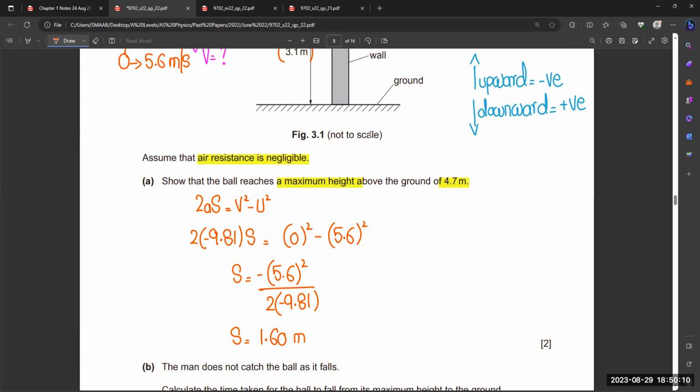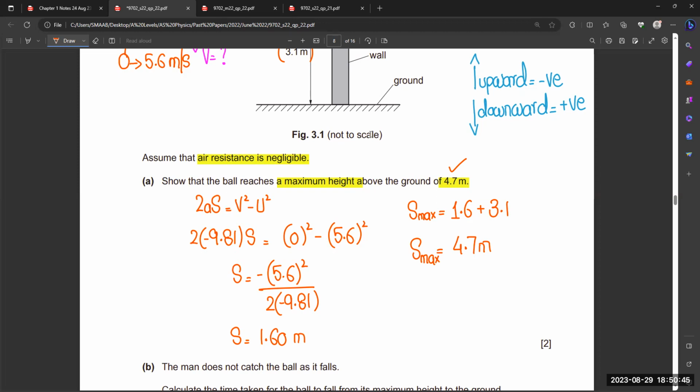So for the maximum distance, we need to add, because in the question they mentioned "show that", it means you need to prove this value, that the distance will be equal to 4.7, and you are getting the same answer, right? So you have to show it step by step.